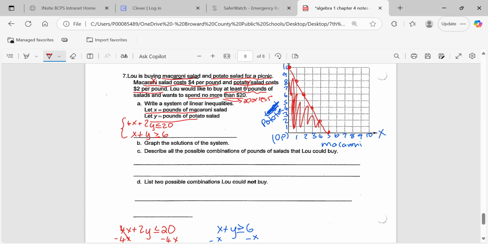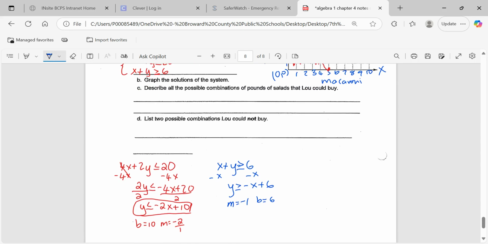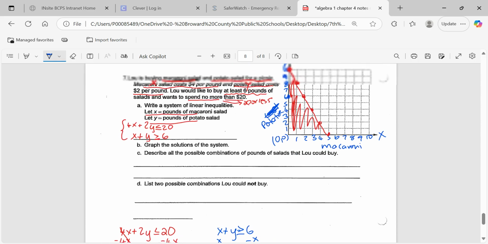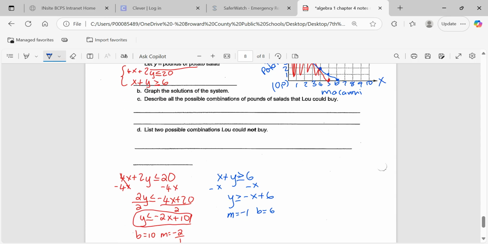So there's my red. Now let me go ahead and do the second one. Y-intercept is at 6, and my slope is negative 1. So down 1, right 1, down 1, right 1, and so on. And so this is my blue. It's going to be solid because the y is greater than or equal to.